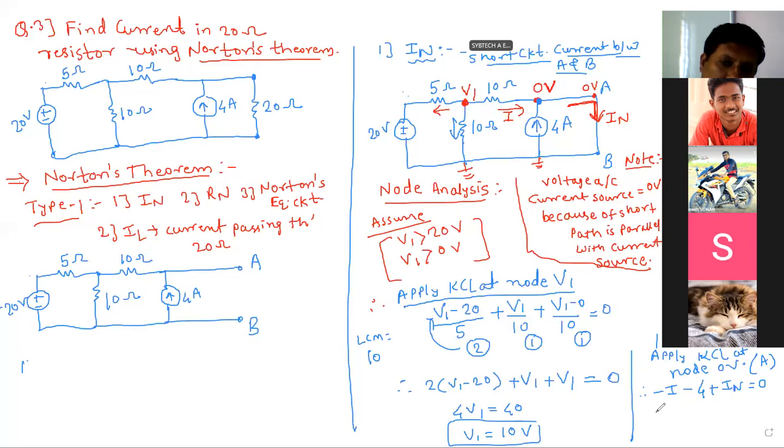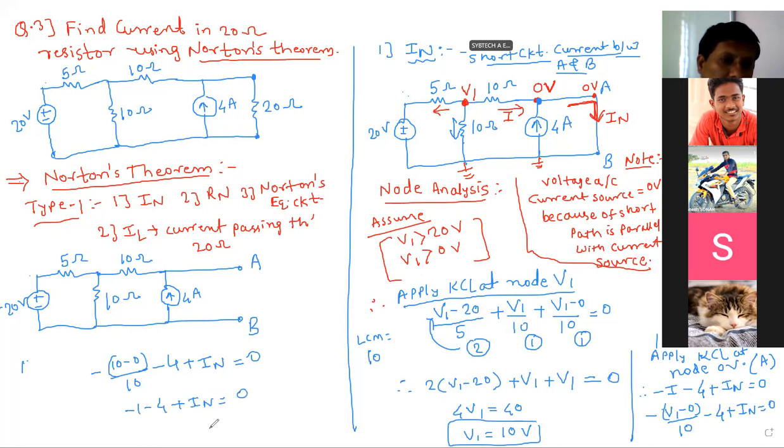I is nothing but V1 minus 0 in bracket divided by this 10. So minus V1, how much is it? V1 is 10. So minus 10 divided by 10, minus 4 as it is, plus IN as it is, equal to 0. So 10 divided by 10 will give minus 1. Minus 1 minus 4 plus IN equal to 0. What is the answer of IN now?